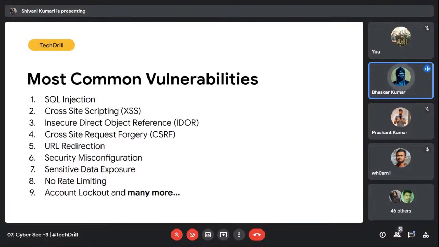Once you log in, you'll be redirected to abcd.com/dashboard. And if before logging in, you change the URL from /dashboard to google.com and you hit enter and you enter your credentials, what is going to happen? If they did not write the code properly, you are going to get redirected to some other website, right? So this is what URL redirection means.